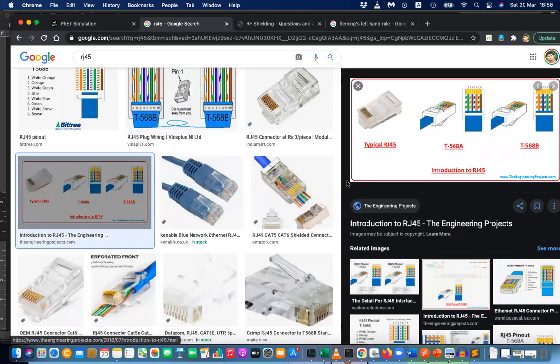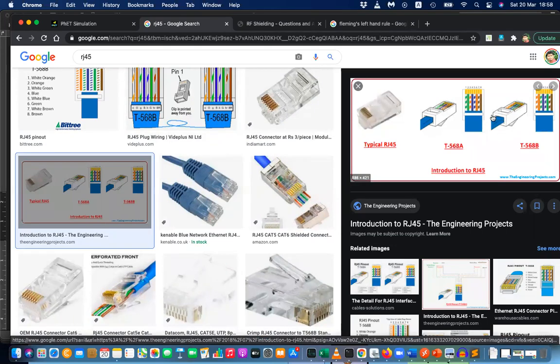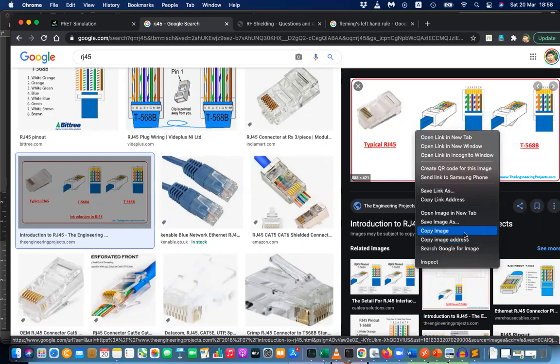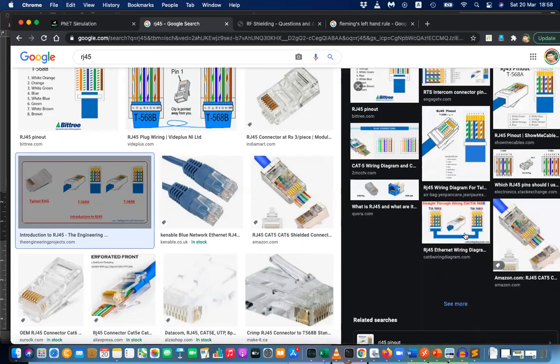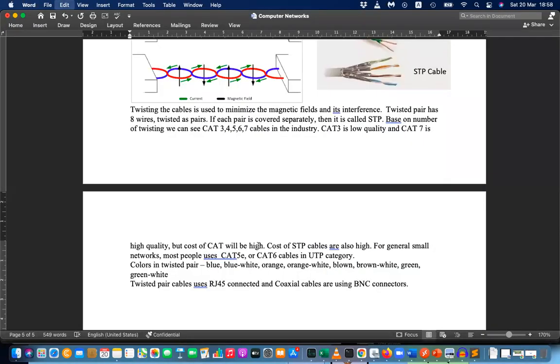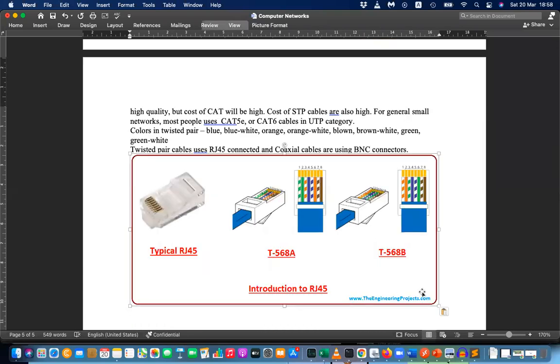Each wire is not transmitting the same signal. That's why this standard is there. For examination purposes, it is better to remember these color codes.